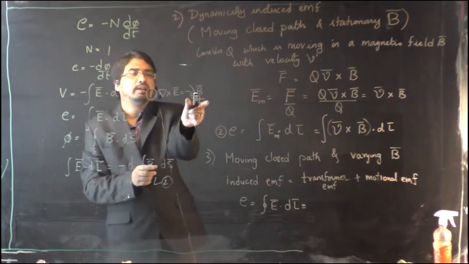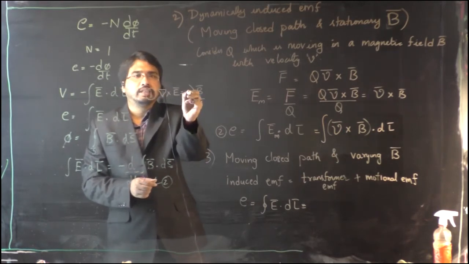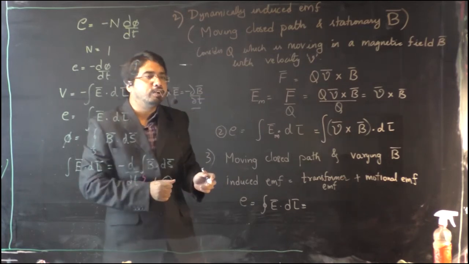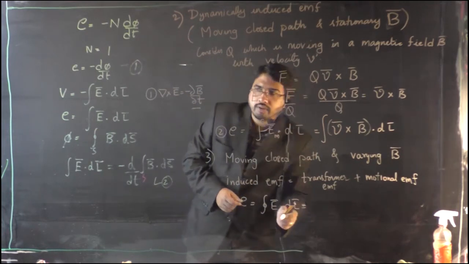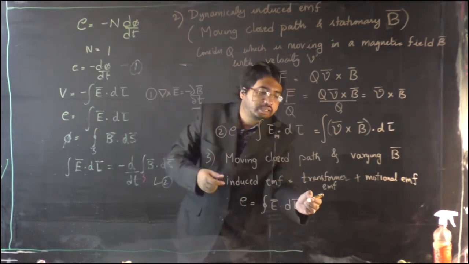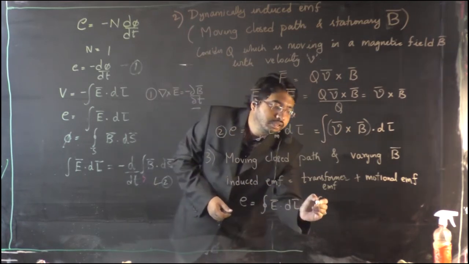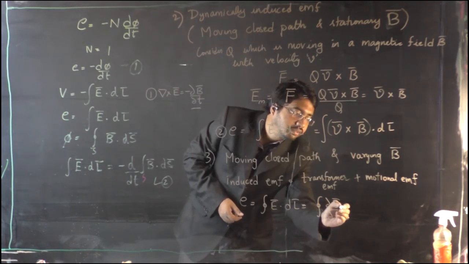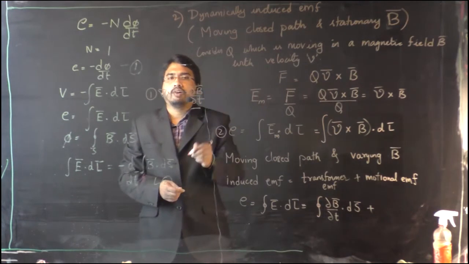If you consider only magnitude, leave this sign, this just indicates Lenz's law. If you consider only magnitude, that is dou B bar by dou T. Our first equation, the first statically induced EMF case, is integral dou B bar by dou T dot ds bar. That is the first case EMF that we got on comparison.